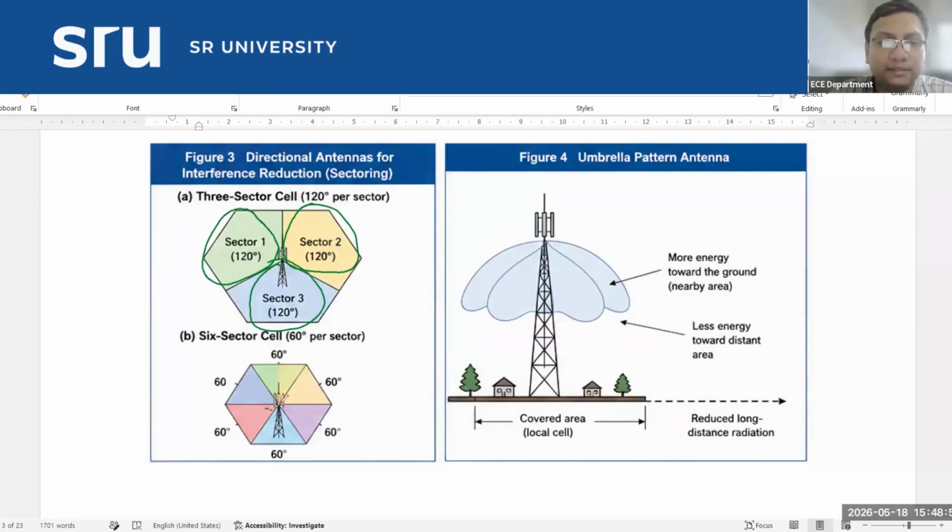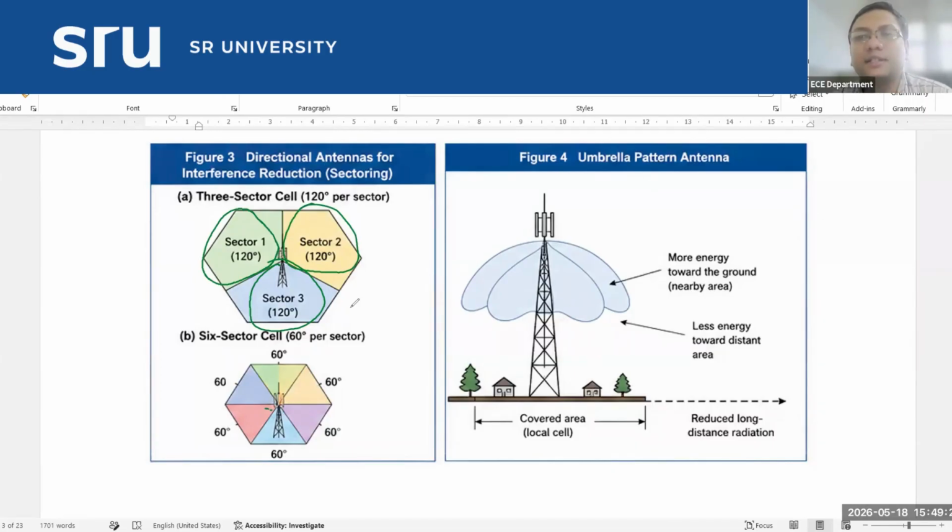In the same manner, I can use six antennas if each antenna has a 60-degree beam width. Then with six antennas, the total 360-degree coverage can be obtained. Whenever I limit the beam width to 60 or 120 degrees, it means the radiation is not omnidirectional anymore.